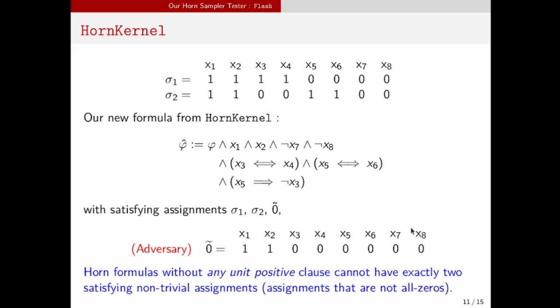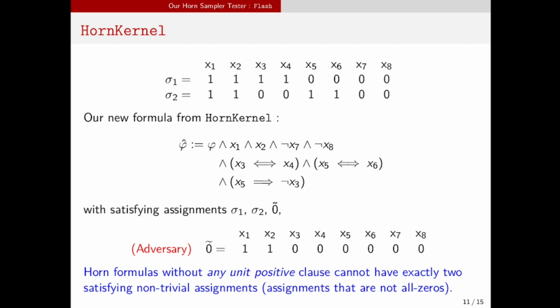We call this assignment an adversarial assignment, because we did not want it inside our conditioning set, but we also cannot block this satisfying assignment using only Horn clauses or Horn formulas. So we can't do anything.